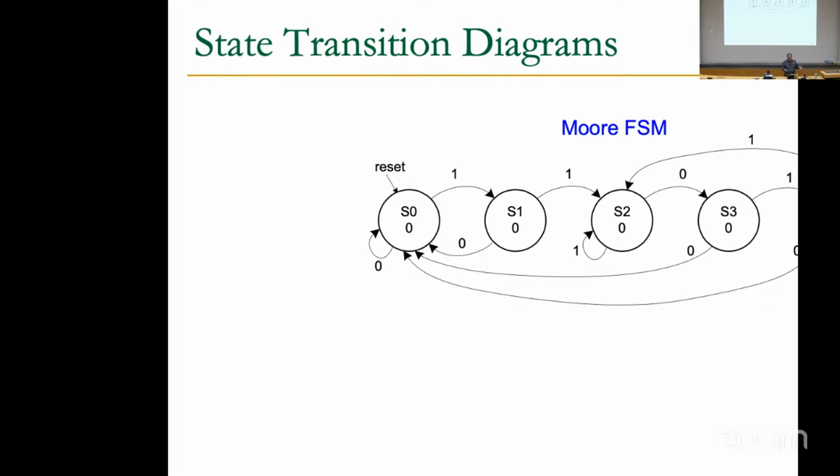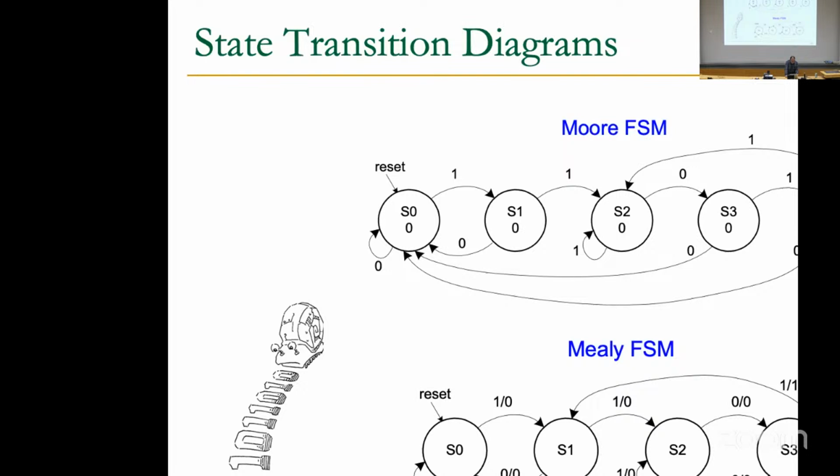But we can also make it Mealy. Now you can see that outputs are specified on transitions. You are in S0, and as long as you see 0, you stay in S0, and the output is 0. When you see 1, you go to the next state, and the output is also 0, and so on. But in S3, when you see 1, you go back to S1 and make the output 1.